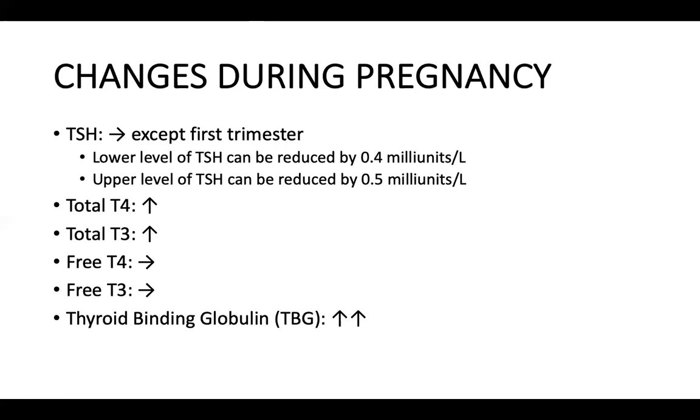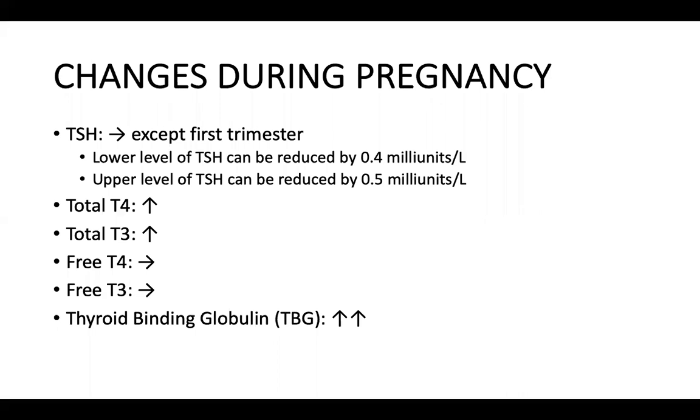Occasionally you'll see that from big labs like LabCorp, but smaller hospital labs often do not have a trimester-normalized TSH. If there's not, then what you should do is reduce the lower limit of normal by 0.4 and increase the upper limit of normal by 0.5.